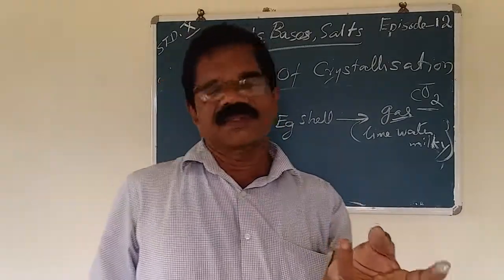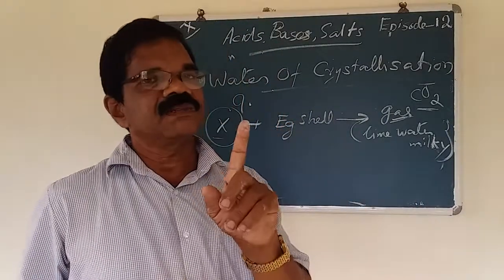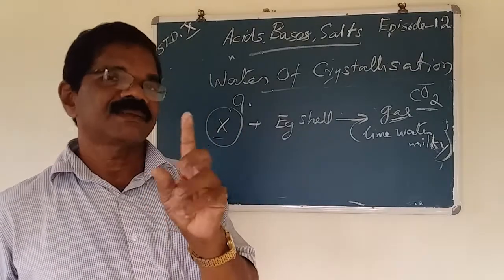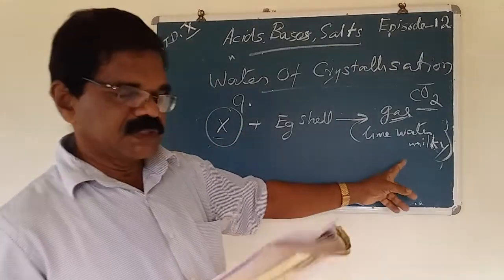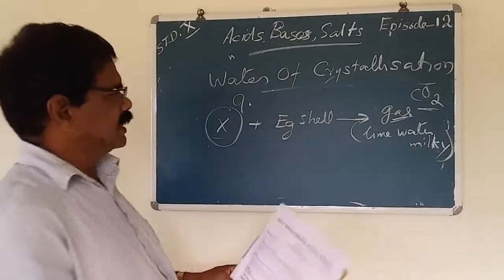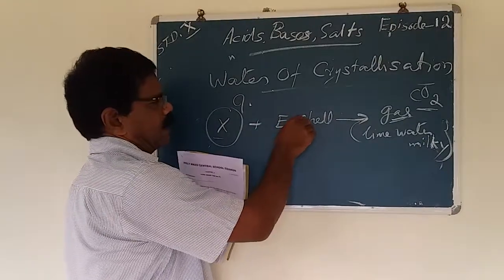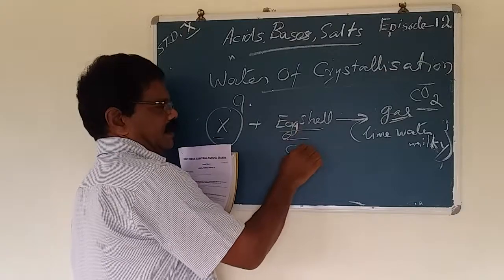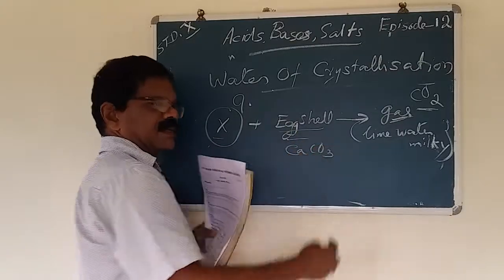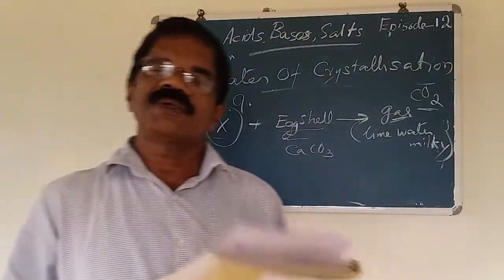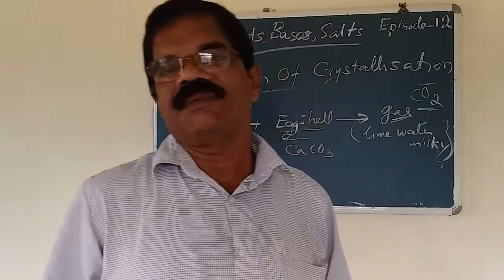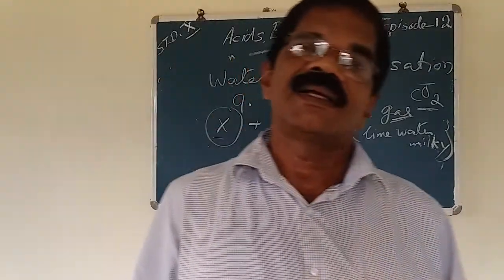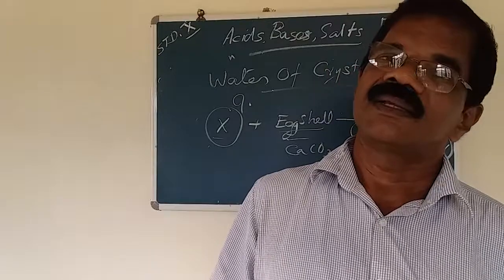There is one more thing. What is the milky substance? Calcium carbonate. Then what is eggshell? Eggshell is calcium carbonate. Almost all the shells of living beings are calcium carbonate.